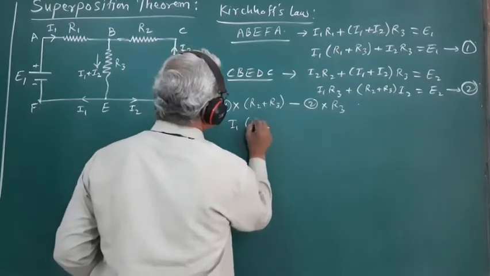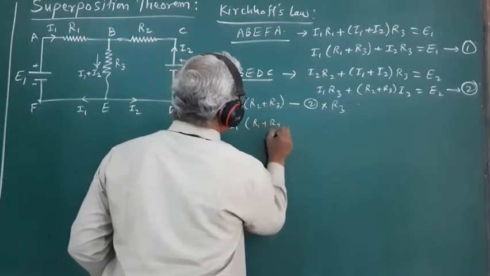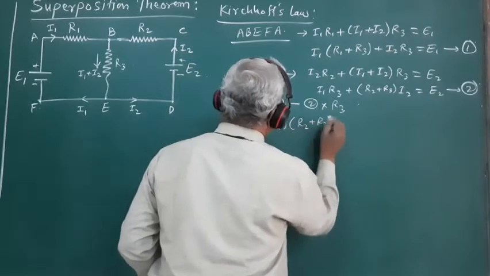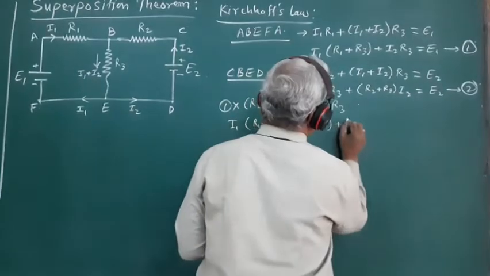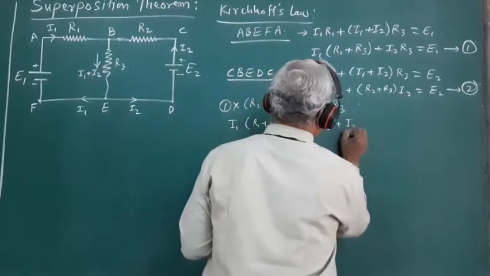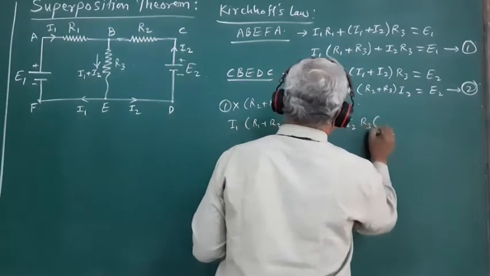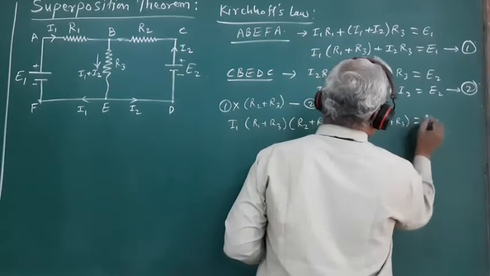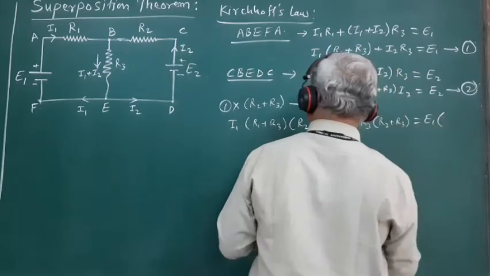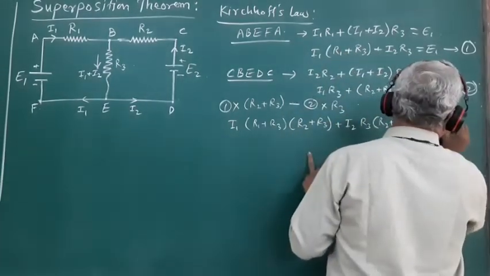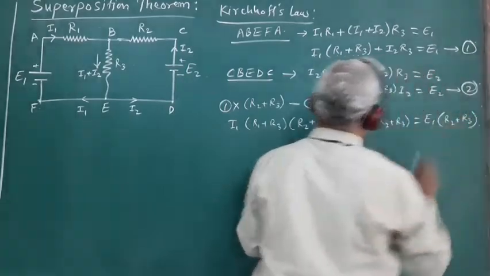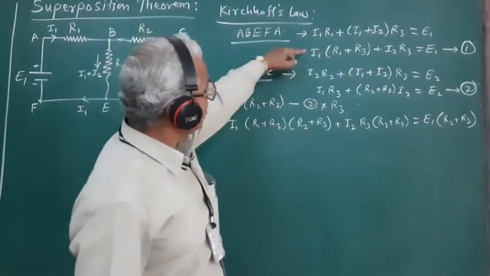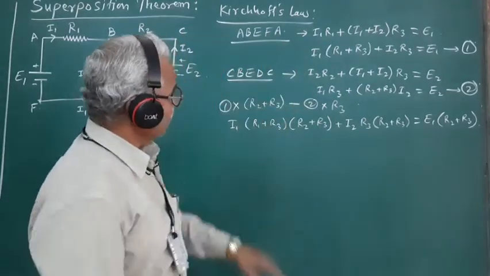I1 into (R1 plus R3) into (R2 plus R3) plus I2 R3 into (R2 plus R3) is equal to E1 into (R2 plus R3). This is the equation we get by multiplying equation 1 by (R2 plus R3).